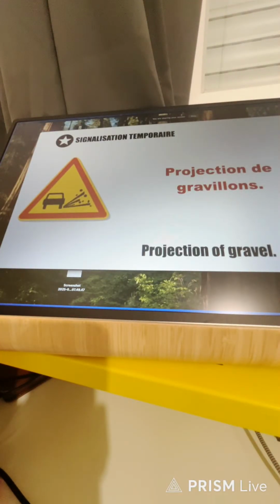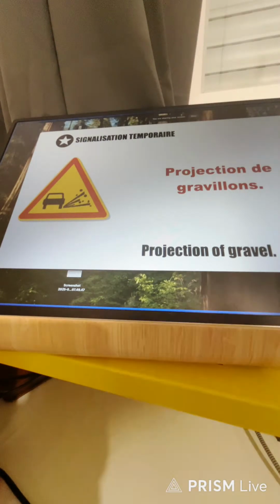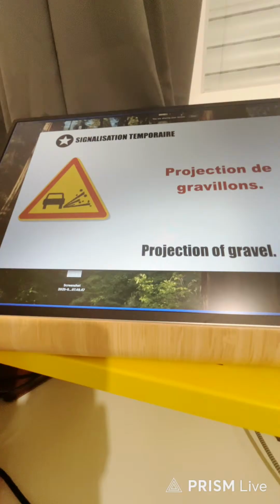So you as a driver, you have to slow down, because there is a possibility people are walking on the road. That way you will not drive with speed and break somebody's parked car. That's why they say slow down. There is what I think they call gravel, all these stones that they normally use to build houses. That's what they call gravillon in French.